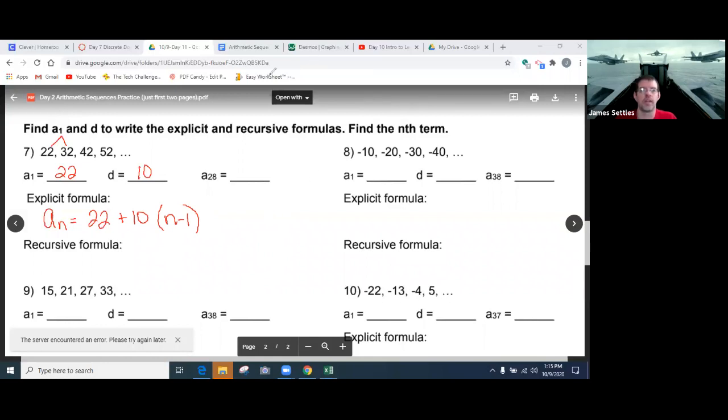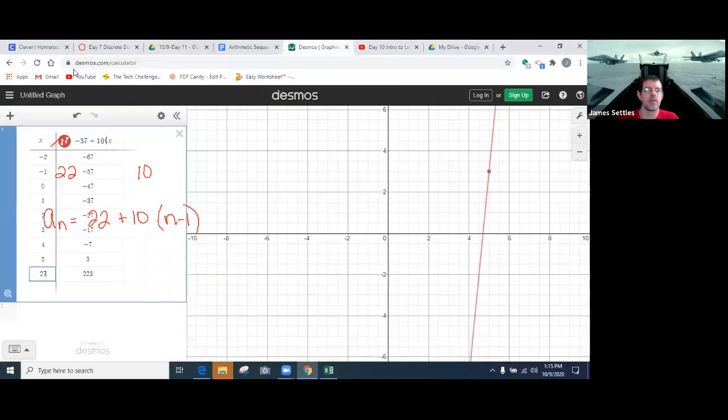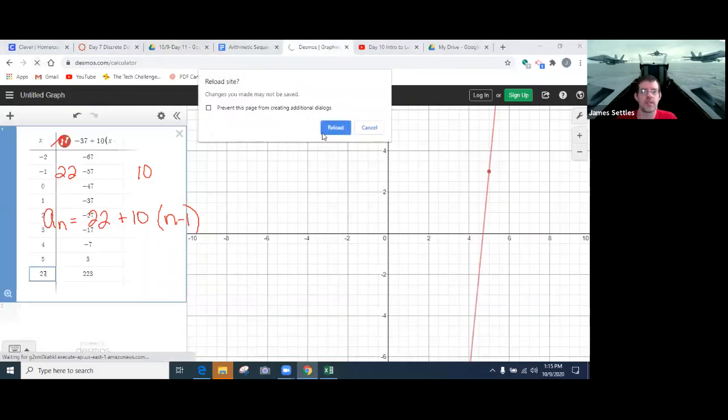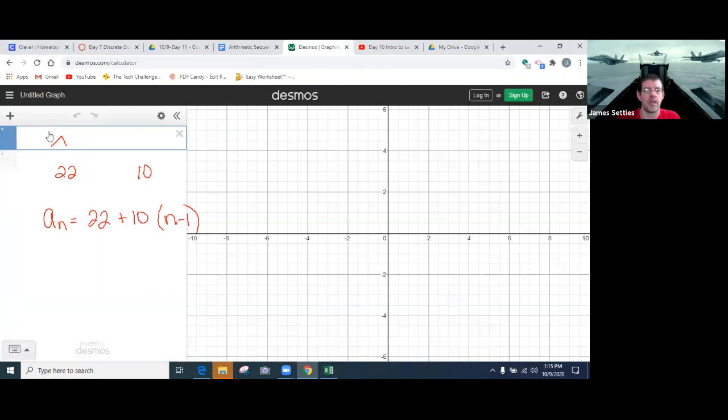Okay, you're going to go to the Desmos. So we'll refresh this. And we'll type in y equals 22 plus 10, parentheses x minus 1.